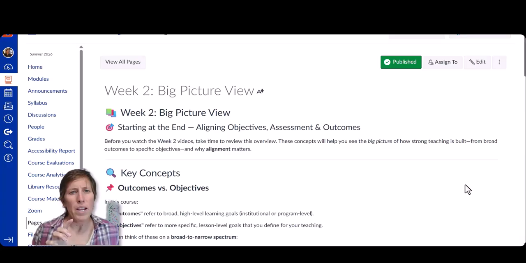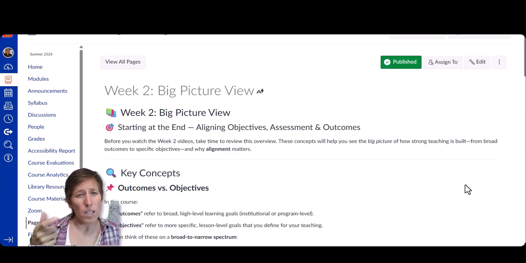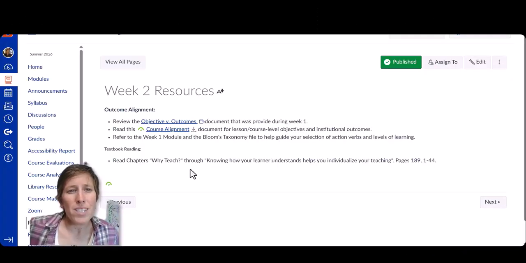These next couple pages, I have a more detailed lesson on that walks you through how to create and align your objectives. So please watch that video. Here, these week 2 resources, you must read through. You're going to read through the 2 short documents linked here on objectives versus outcomes and course alignment.